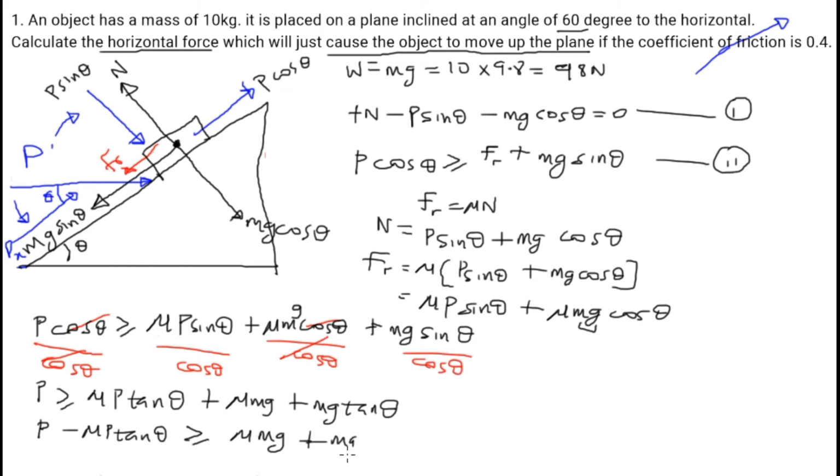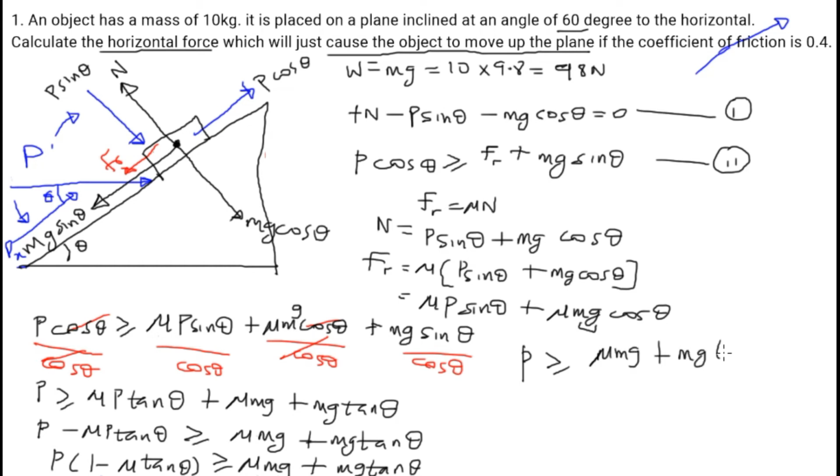By P being common, we have P into 1 minus mu tan theta, greater than or equal to mu mg plus mg tan theta. So by making P the subject of the formula, P will be greater than or equal to mu mg plus mg tan theta upon 1 minus mu tan theta.